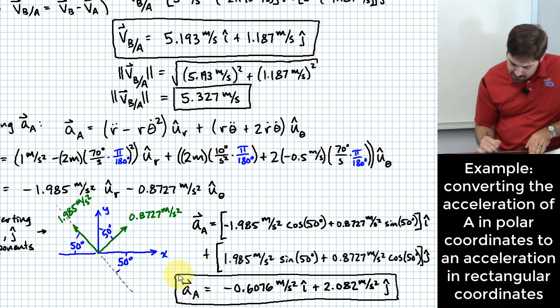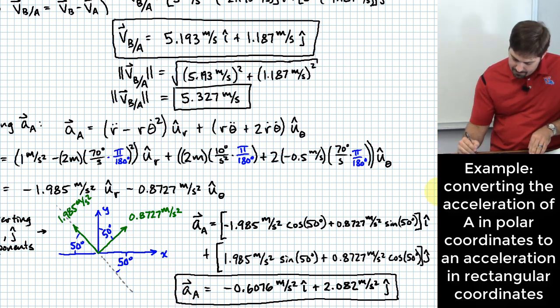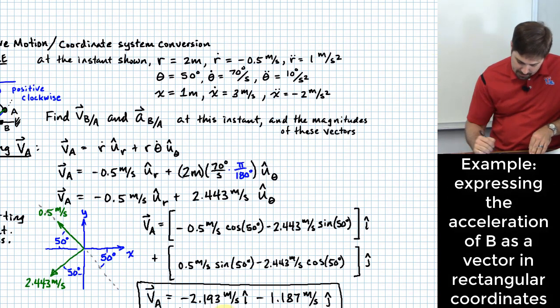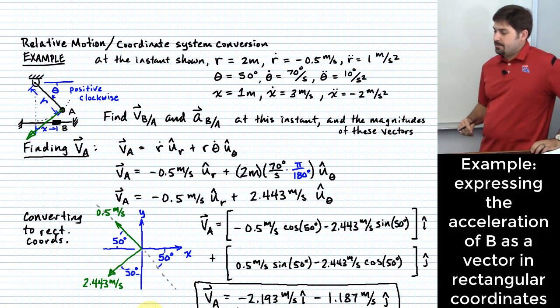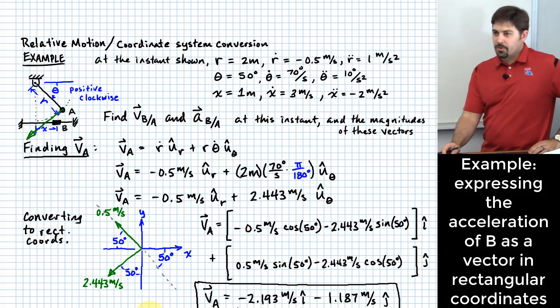What about the acceleration of collar B? Okay, we'll go back up and look at the picture again. How can B accelerate? What direction can it accelerate? Okay, it's entirely constrained to move just in the x for collar B, right?